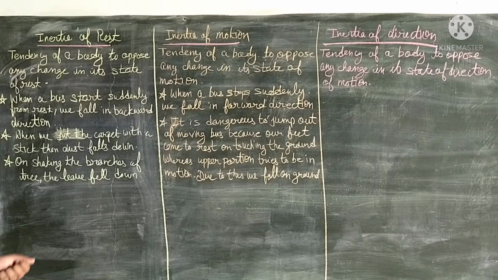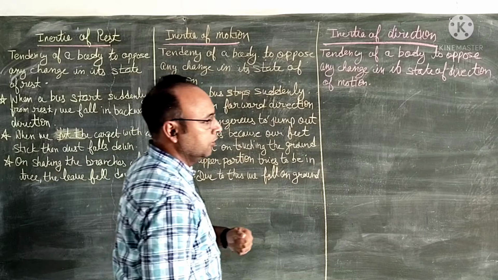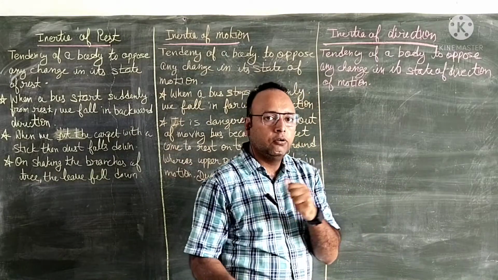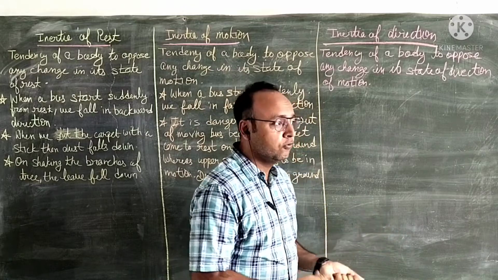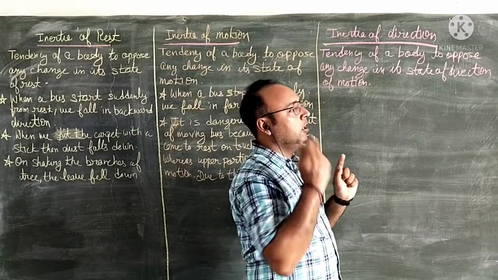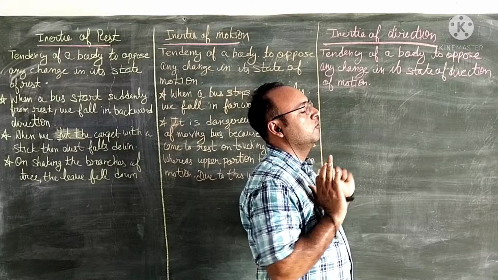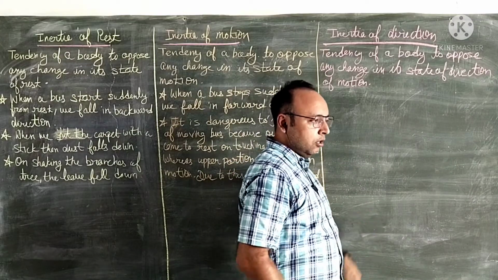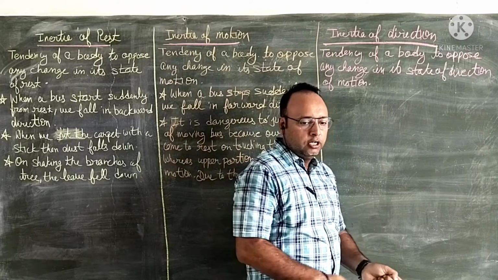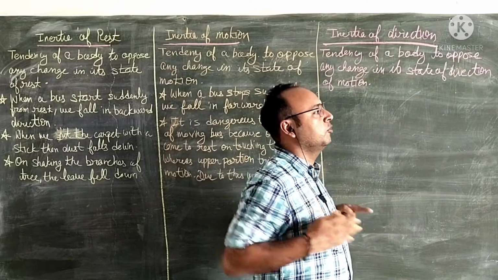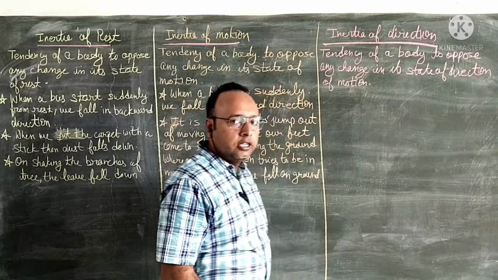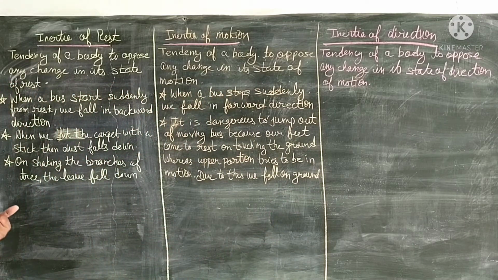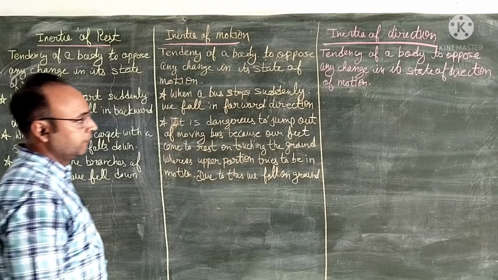When a bus or a car takes a sharp turn, we fall towards the doors or the windows of the car or the bus. Why? We are sitting in the car, and the car is going in a straight line, and the moment comes when the driver takes a sharp turn. The lower portion is in direct contact, so it changes its direction, but the upper portion tries to remain in the straight direction. That's why we fall towards the doors or the windows of the car, right?